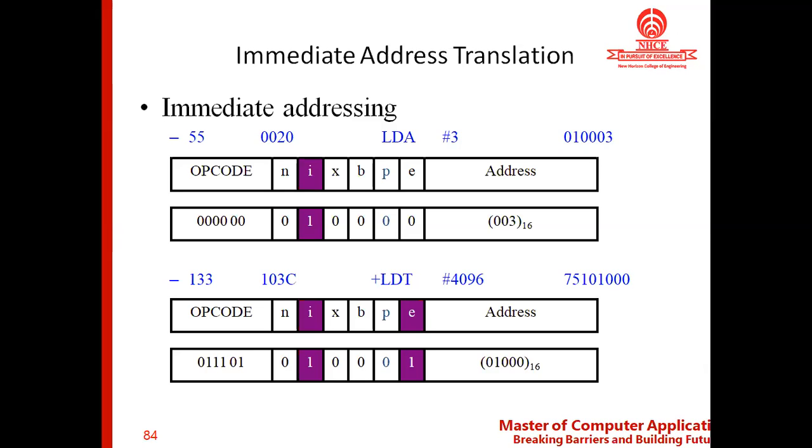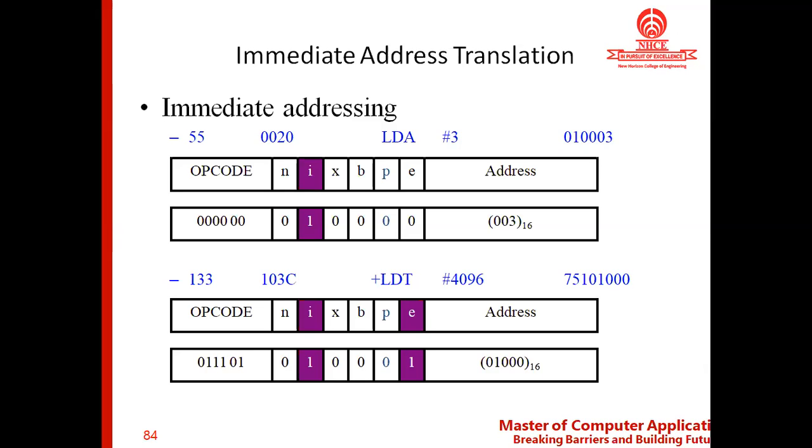So in the object code, the first 4 bits will be 0, the second 4 bits will form 1, the third 4 bits will be 0, then the remaining 003 is the displacement, and the whole thing is the object code.